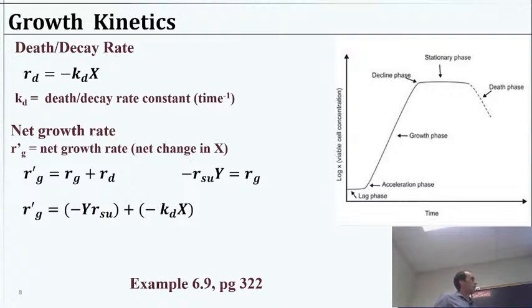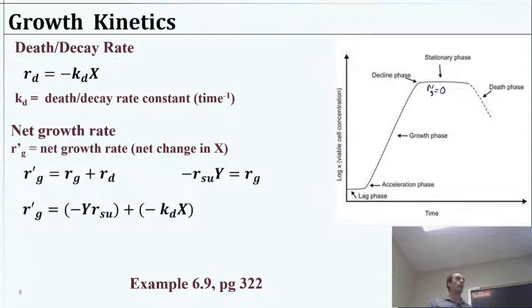We can call that R prime of G. The net rate at which we've got bacteria growing gives us the net change in X, and that's going to be the growth rate plus the decay rate. R prime of G is 0 at our stationary phase, positive during the growth phase, and negative during the decay phase.